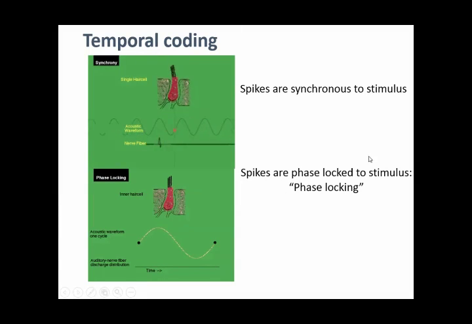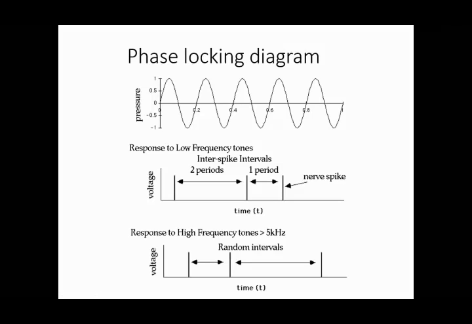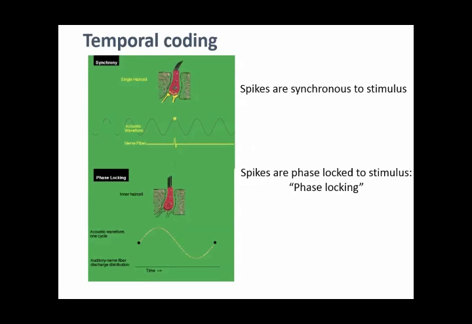Got a little video here that shows what we probably all suspected so far, but we haven't really talked about: when neurons fire, they will fire only at a specific point during the stimulus, namely where? When the stimulus is at its maximum amplitude.